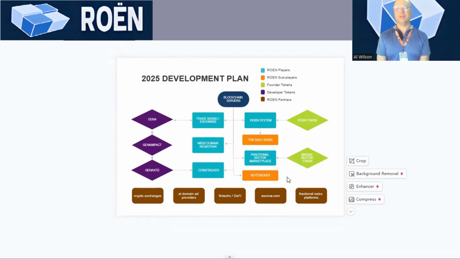Crypto exchanges as partners will be a valuable addition, which will enable cross-platform trading and interoperability. The fractional sales platform partners are integral to Stack Vault trading and also the FracDex marketplace.